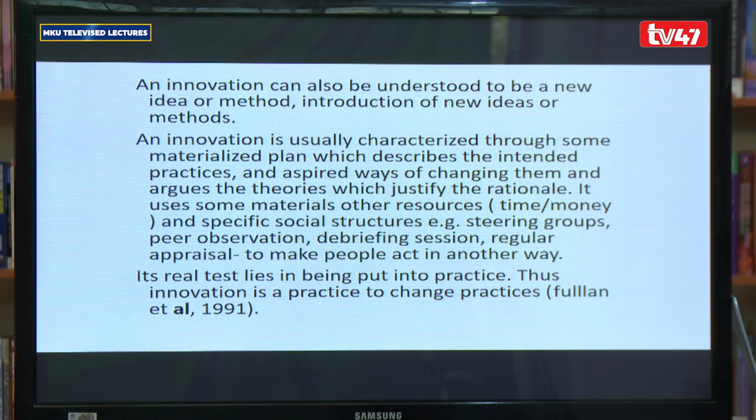It uses some materials and other resources, time, money, among others, and also other social structures like steering groups, peer observation, debriefing, among others. The real test lies in putting that innovation into practice. Thus, innovation is a practice to change the practices within a given society. That is according to Fullan in 1991.